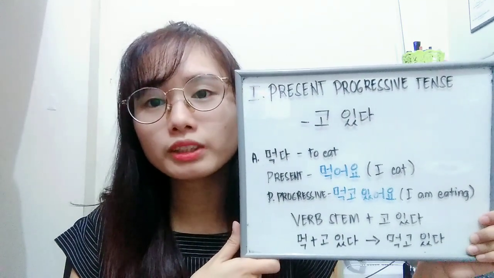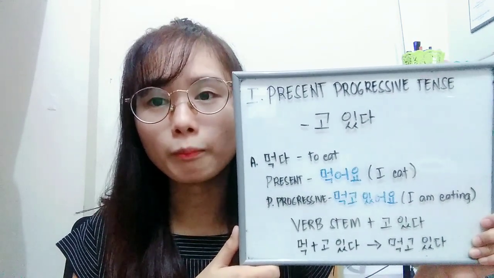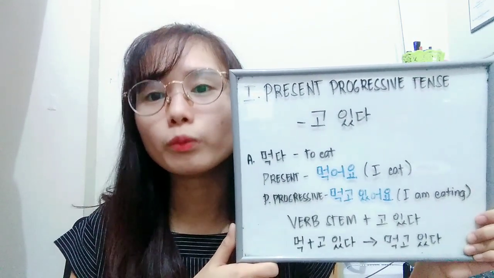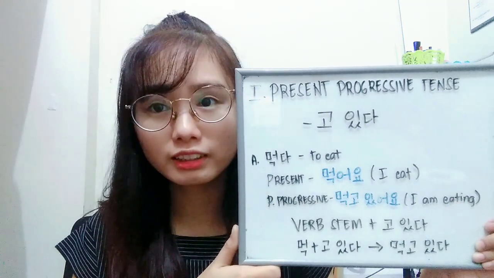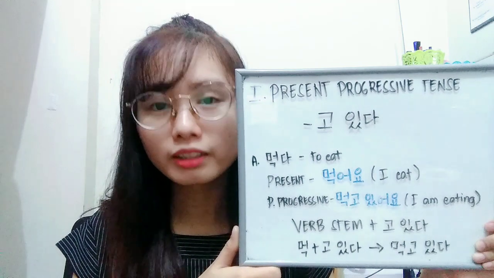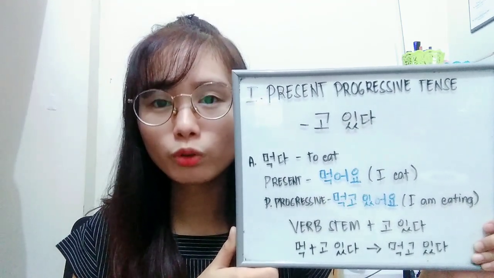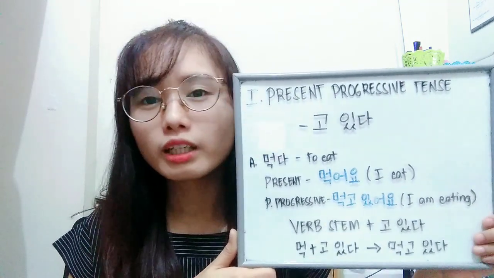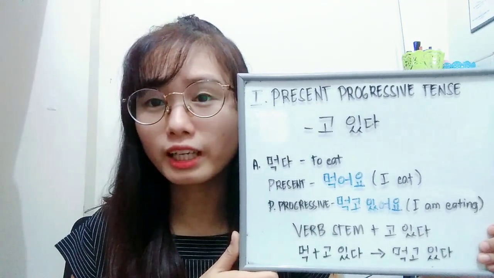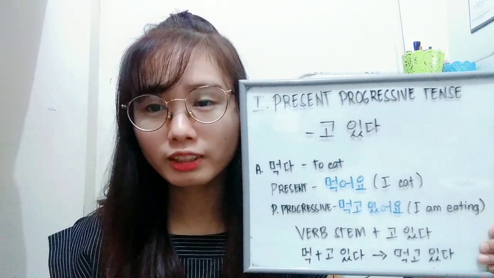Para gawin natin siyang present tense, ang present tense nito ay mogoyo. Mogoyo. Which simply means I eat. I eat ramen. Ramyon mogoyo. So, it means, pag sinabi mo ramyon mogoyo, hindi siya specifically na right at that moment, ginagawa mo yung action na yon, tama?